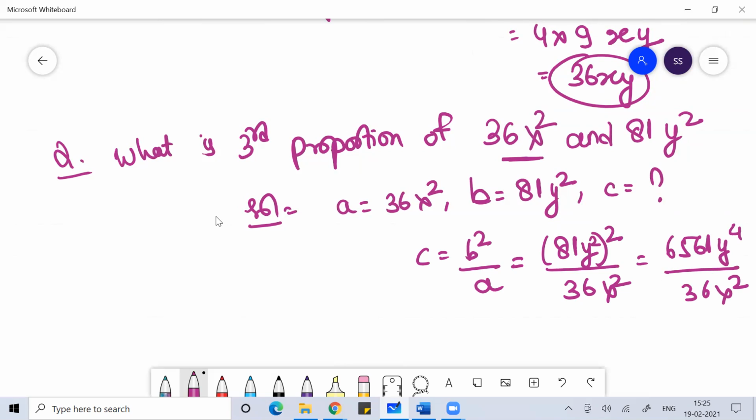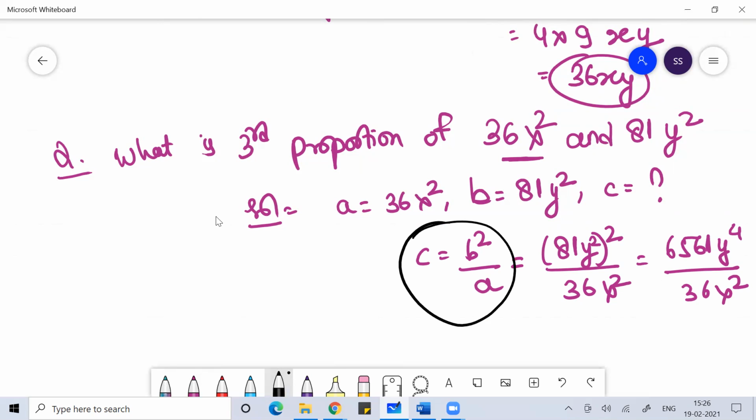So simple question. Whenever you get a problem on third proportion, understand that automatically the second term will be your mean proportion and your first term will be your first proportion. Then you can find the third proportion. You can directly remember the formula.